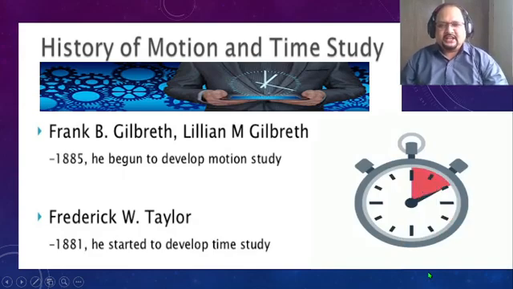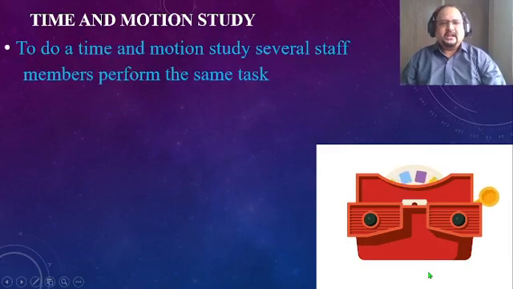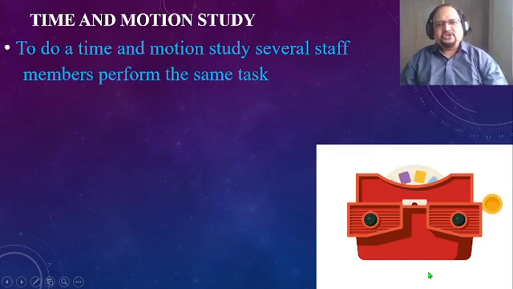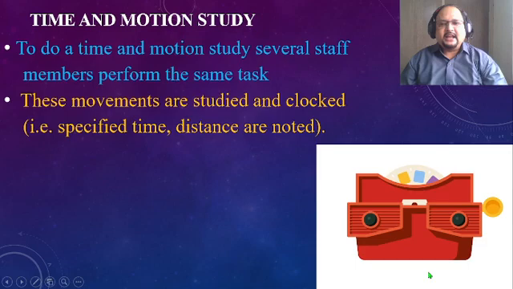Let us proceed to the next slide to further understand the motion and time study. As you can see, to do a time and motion study, several staff members perform the same task. These movements are studied and clocked. Clock means you note down the specific time and distance moved during the activity or task in a register.